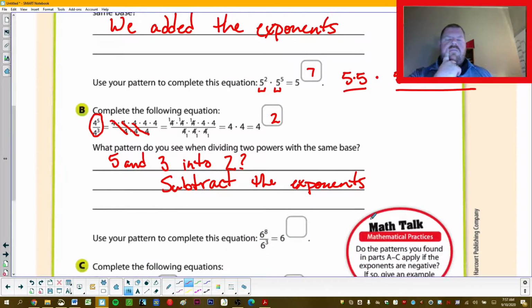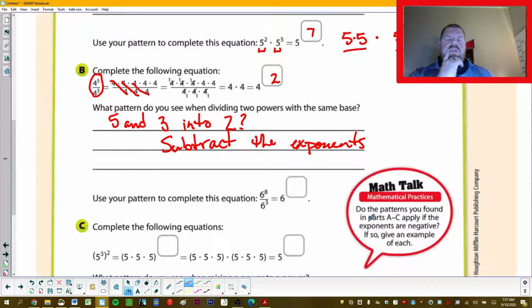All right, so let's use that same idea to figure this one out. If it works, we're going to assume it works, then check it really quick. So I would subtract the exponents. 8 minus 3 is 5. Let's see if that works right up here.